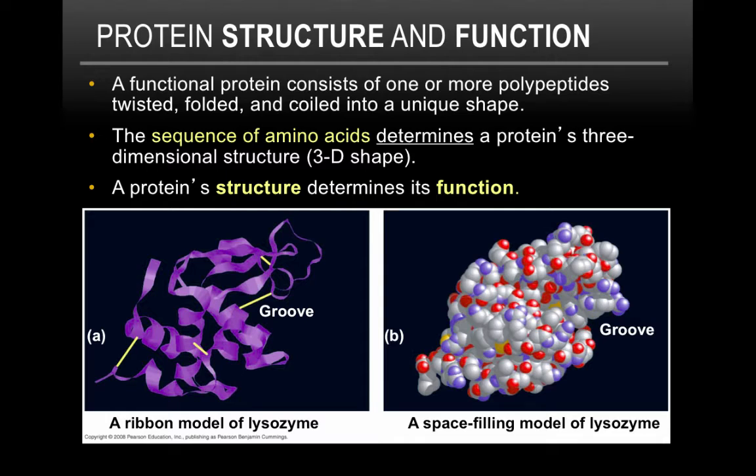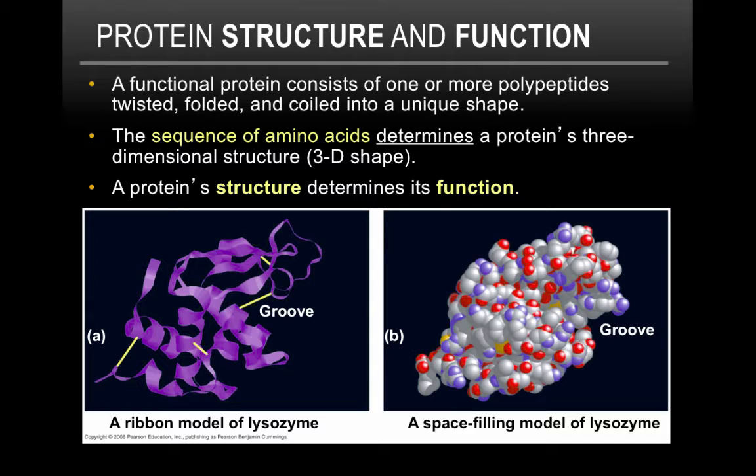The way that it does that is it has a very specific region on its surface. Here it's labeled as the groove. This is a domain or an area on the surface of the enzyme that is the active site, and its specific conformation allows it to bind to bacterial cell walls and chop them up.